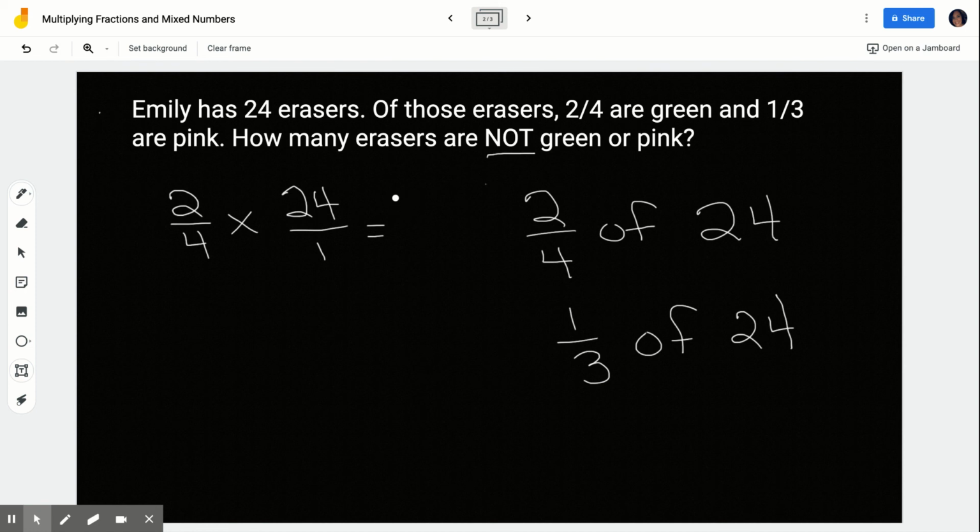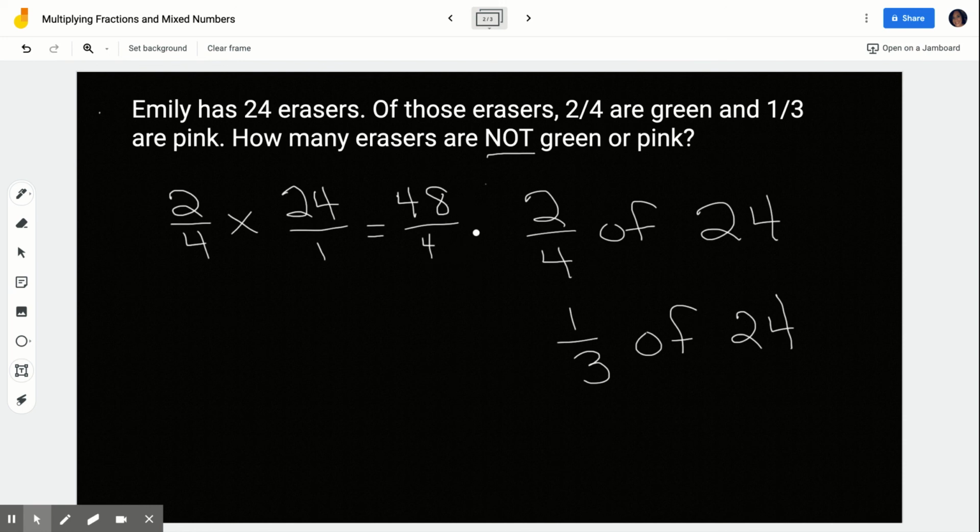So I'm going to multiply straight across the numerator now. 2 times 24, and if you got a pencil and paper out to solve that, you'd find that it's 48. The product is 48. And 4 times 1 is 4. Now, we don't like seeing fractions like this. Again, this is improper, so to convert it, this really says 48 divided by 4.